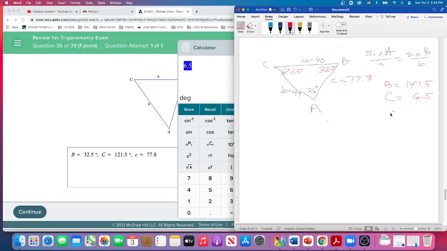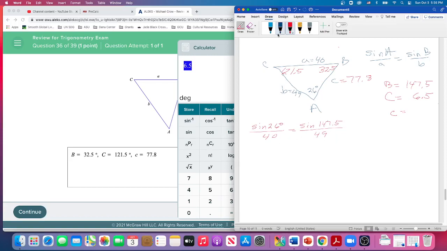With that in mind, we can now calculate little c. I'm going to do a back check to make sure that if B was 147.5, this would still work. So if this was the angle for B, then we should still have that the sine of 26 degrees over 40, that's big A over little a, should be equal to the sine of 147.5 over 49.